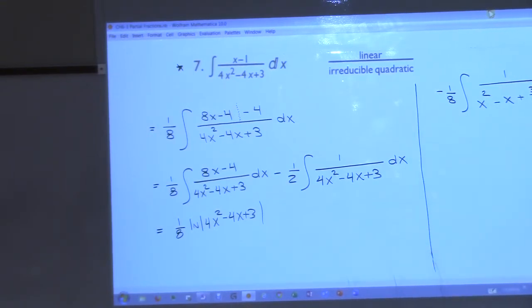And now we get to complete the square on that one. So maybe I'll do a quick completing of the square here. I'm taking x squared minus x, and then what's the number I'm going to add and subtract? We take this number right here, -1, divide it by 2, so -1/2, and square it, so 1/4.